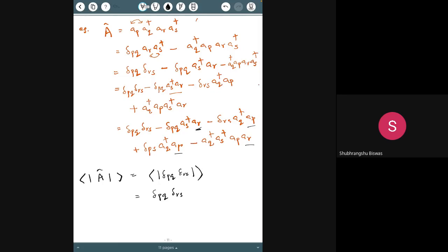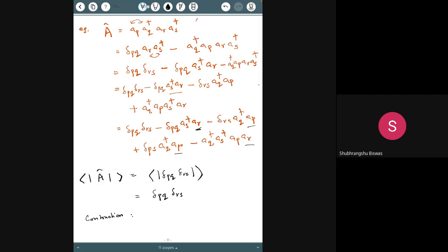Now I will introduce another term, and that is called a contraction. We've already done a contraction, I've just not named it. So every time you get a delta function from a creation and an annihilation operator, when you want to interchange them, you generate an extra delta term.